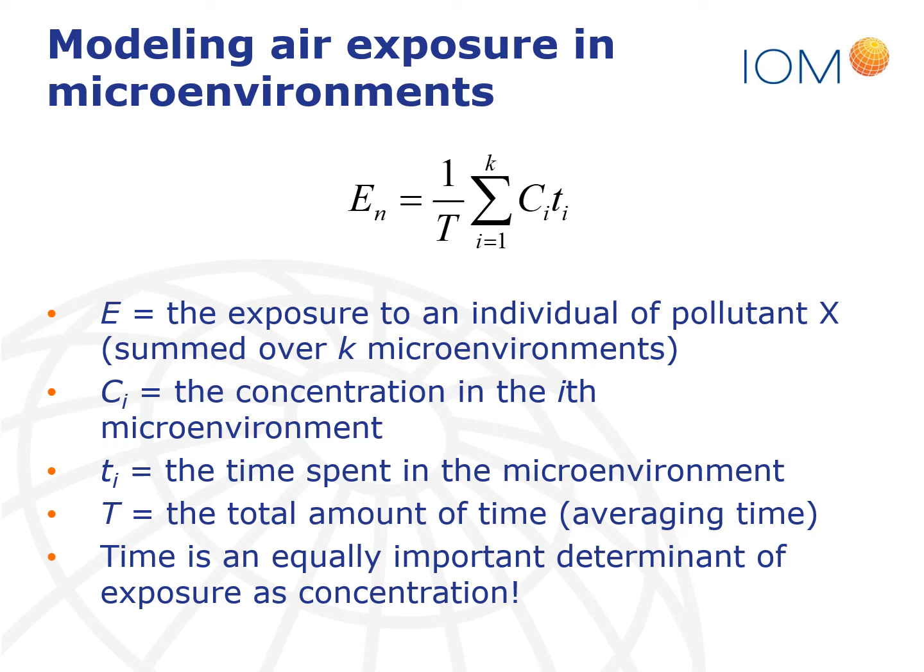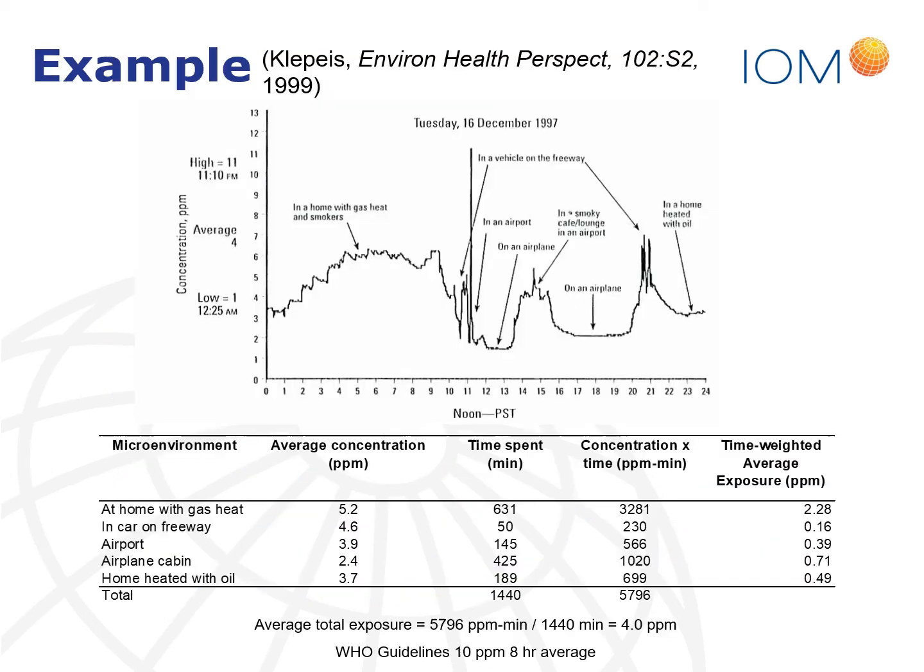A microenvironment is a location where a person spends time. This concentration is multiplied by the time spent in that microenvironment. Because we spend time in different microenvironments, you would then add the product of concentration times time in all microenvironments of interest. Usually, we are interested in a time-averaged exposure. To obtain a time-averaged exposure, we would then divide the sum of concentration times time by the total amount of time you were interested in.